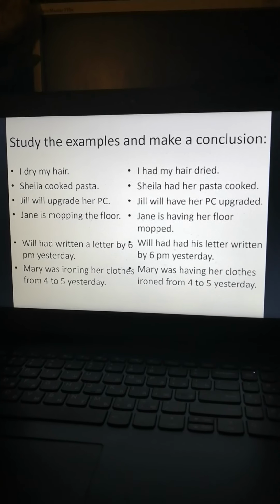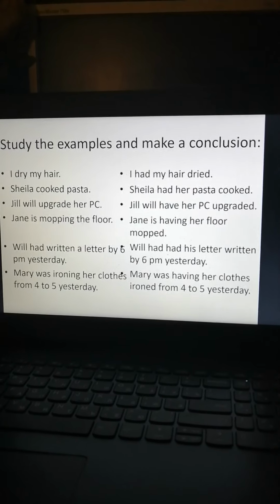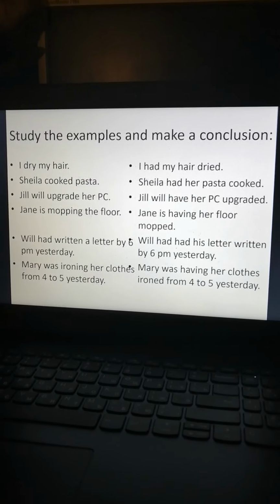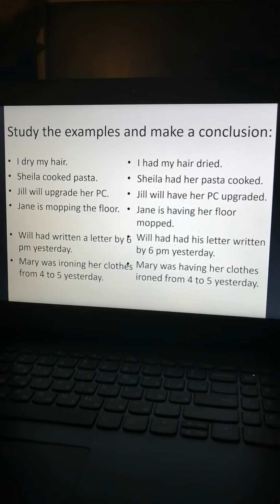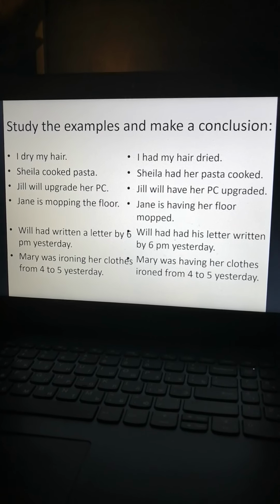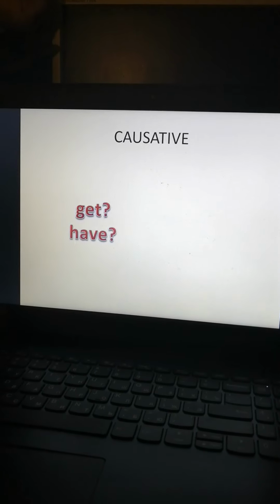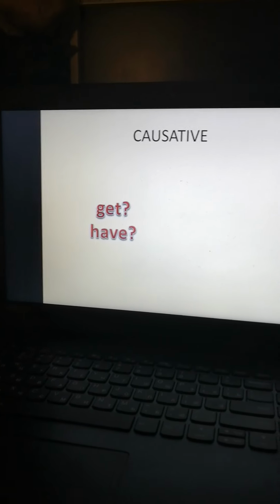Okay, I hope you have noticed that the formula is very close to that of the passive, but in the passive, the auxiliary verb, which shows all the tense differences, is to be. Whereas in the causative, this auxiliary verb is get or have.